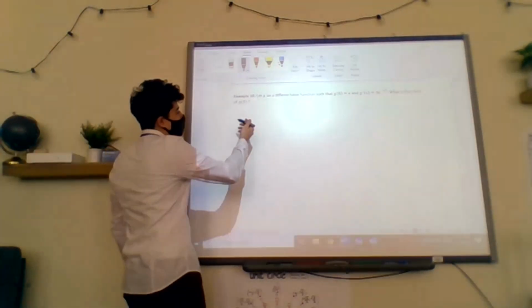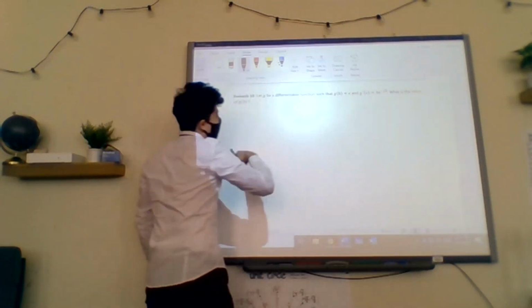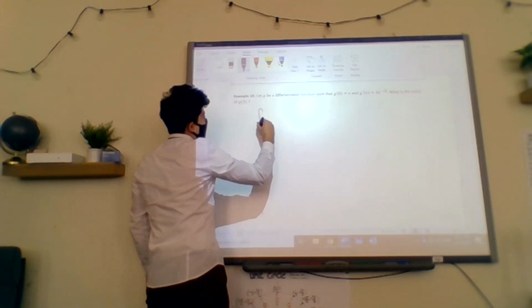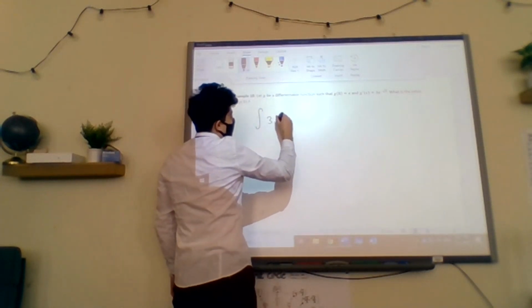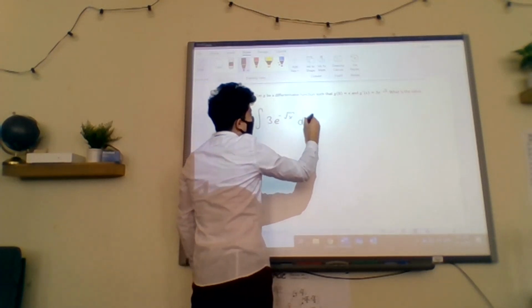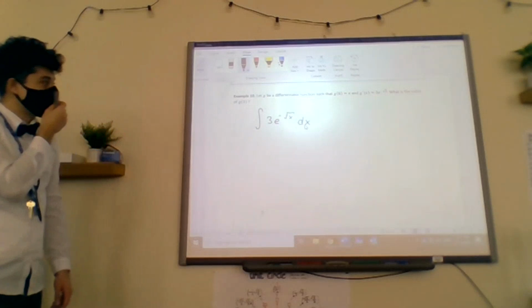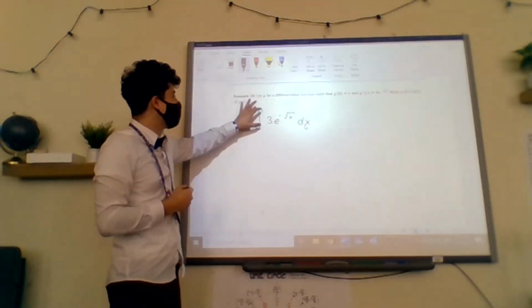If I want g of 3, and I only have stuff about the derivative, then I should be integrating that derivative. So, okay, take the integral of 3e to the negative square root of x dx. All right, cool. And then you have some choice about how to set this up.